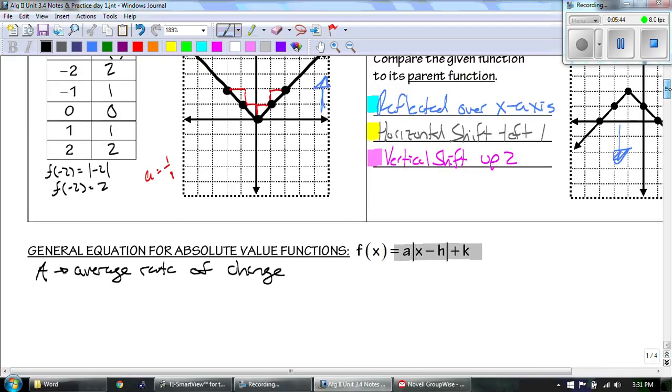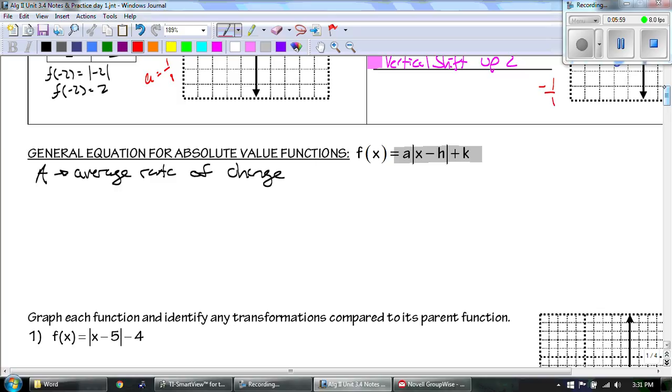Okay, that's kind of like our slope. And do you see when it was negative how I went down 1 over 1, down 1 over 1, down 1, left 1, down 1 over 1? So that would be the negative 1 over 1 type deal. So that's our average rate of change.